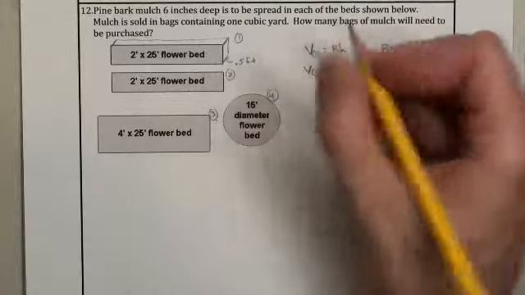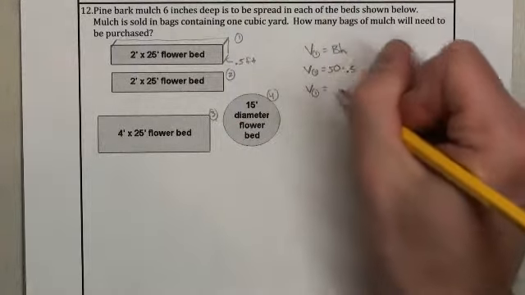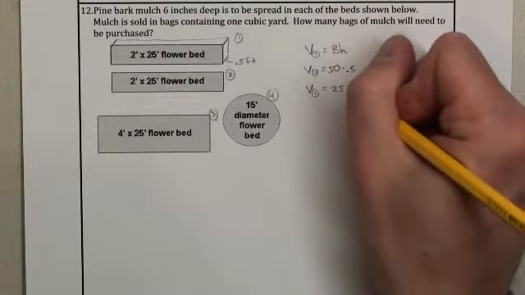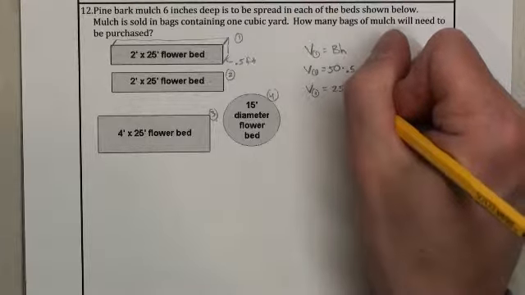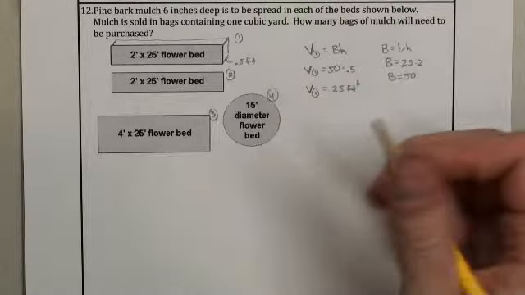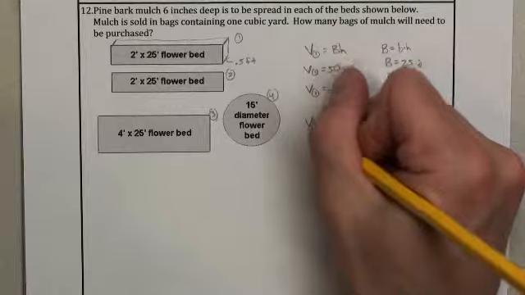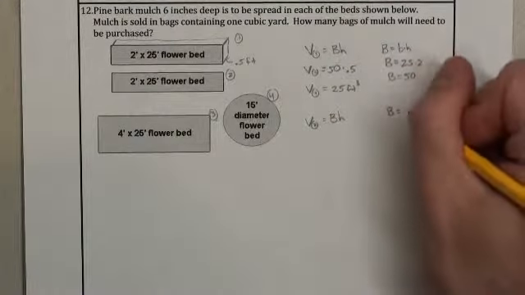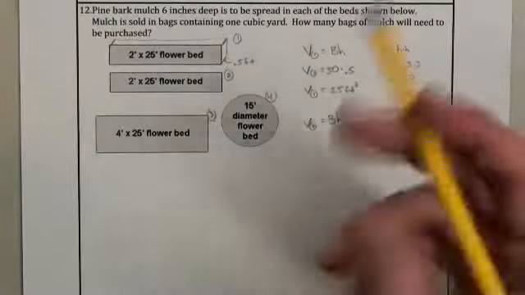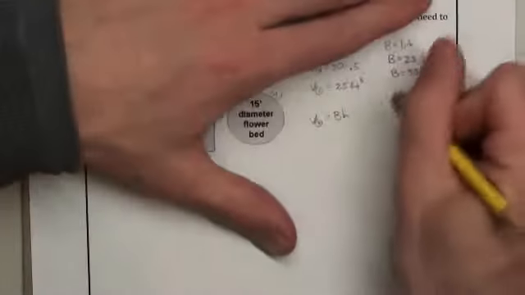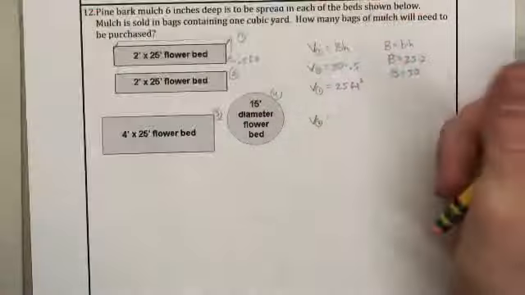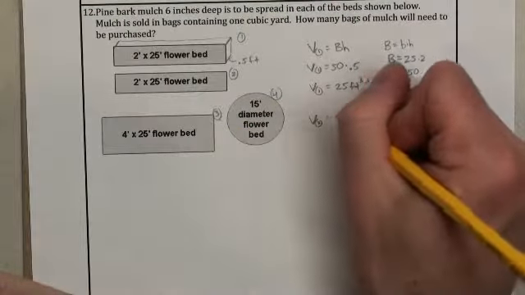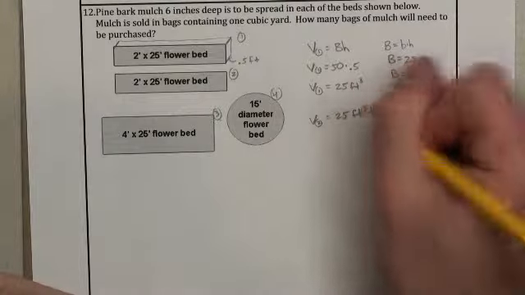Because that's my height of this prism. So that is going to be 50 times 0.5 is 25, and that's feet cubed. Now let's do V2, which is also base area times height. I'm going to solve for my base area. Well, it's the same thing, right? So we don't even need to show this extra work because it's the same exact shape. 2 by 25. So this is also 25 feet cubed.